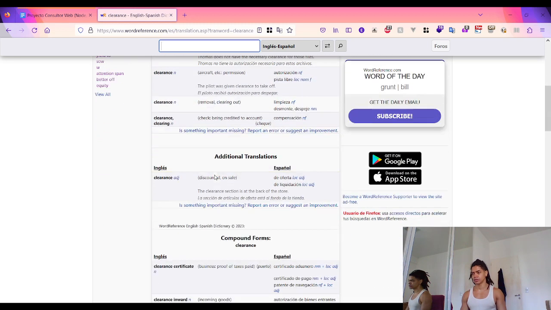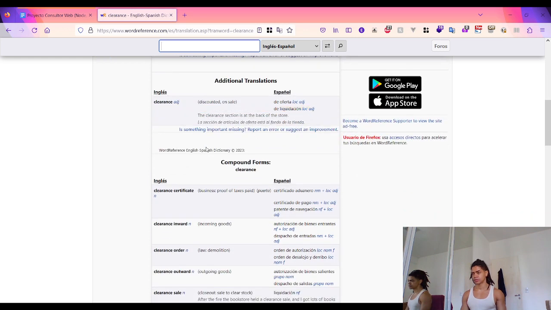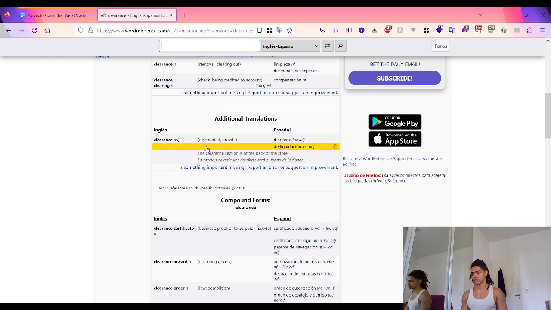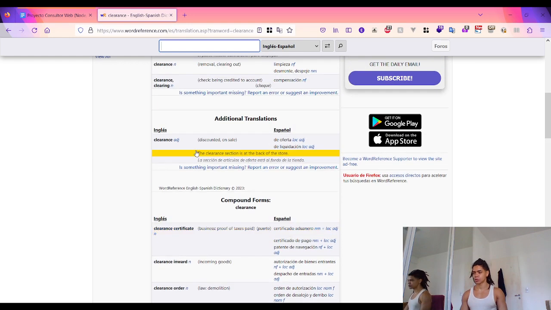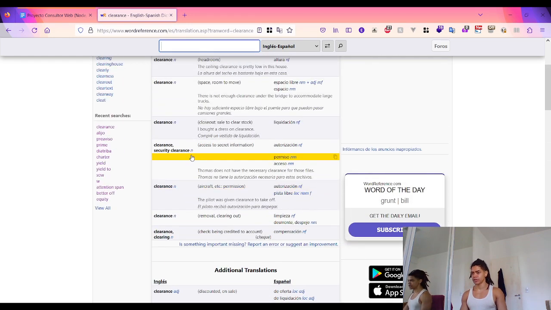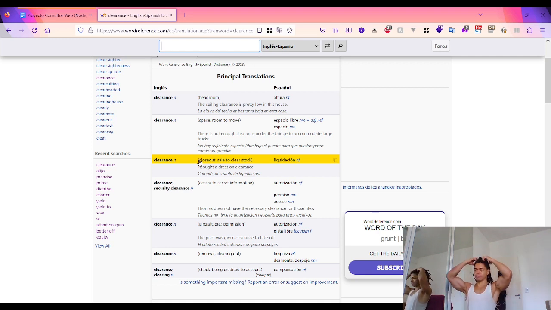It's a certificate, clearance certificates. Interesting. So when you look at business talking about clearance and things like that, it's like okay.